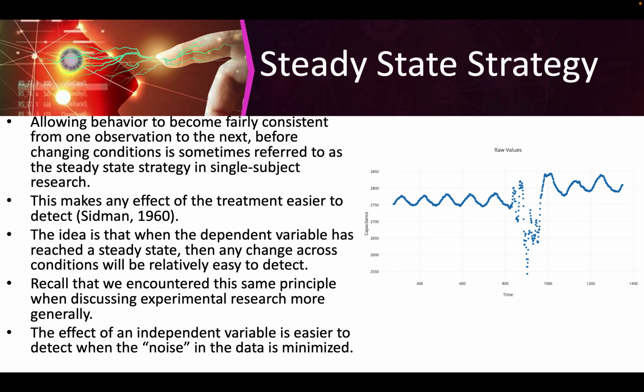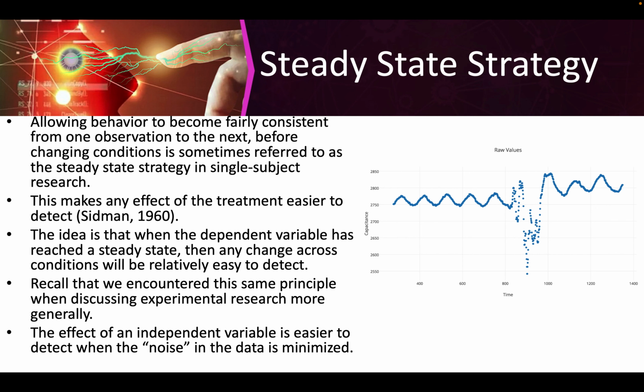Allowing behavior to become fairly consistent from one observation to the next before changing conditions is sometimes referred to as the steady state strategy in single subject research. This makes any effect of the treatment easier to detect.